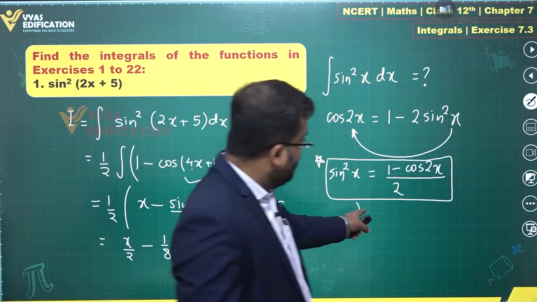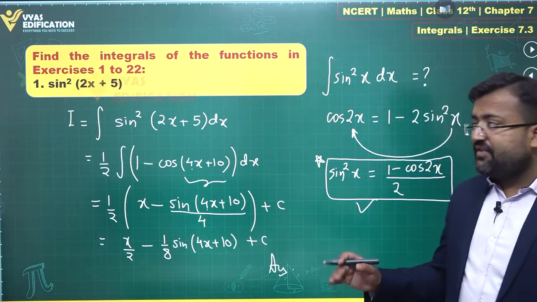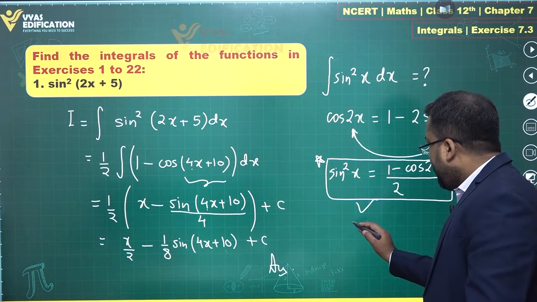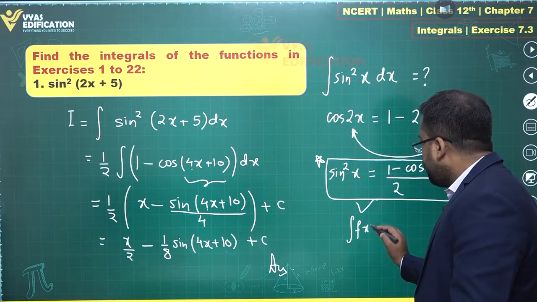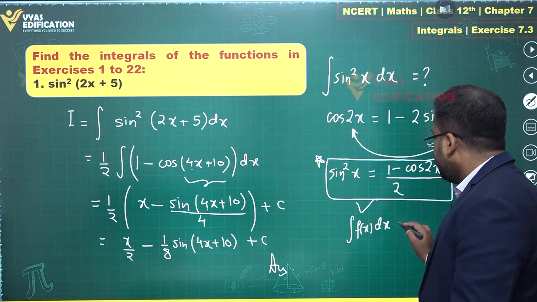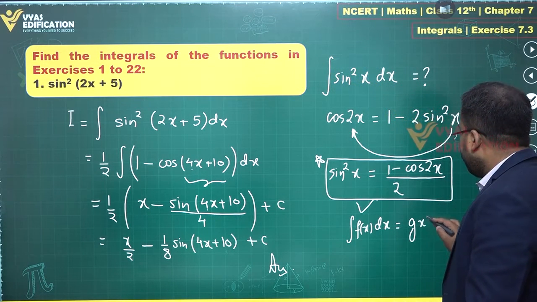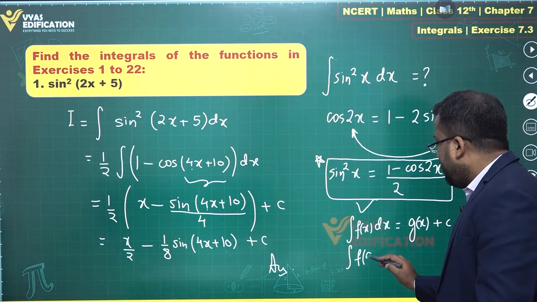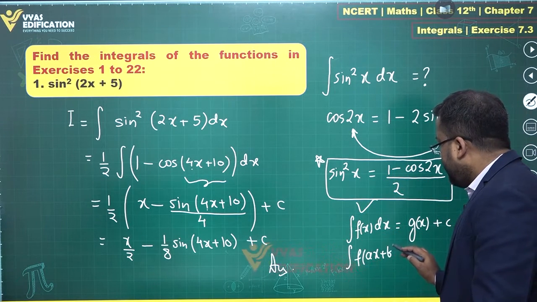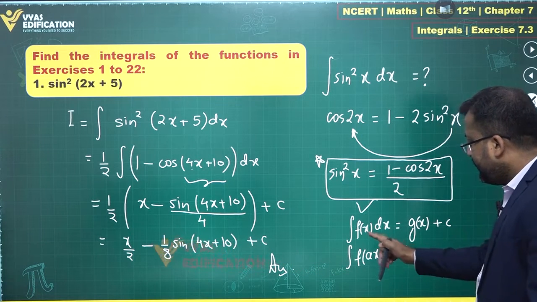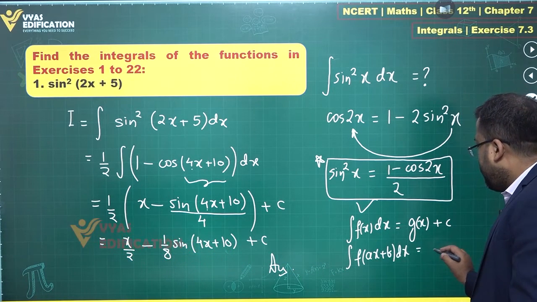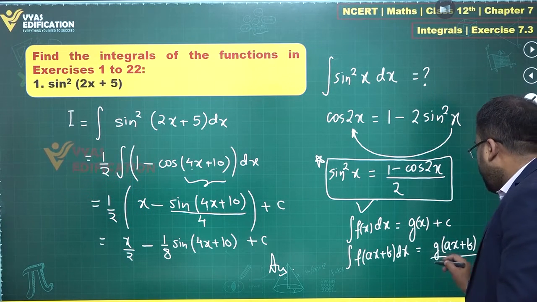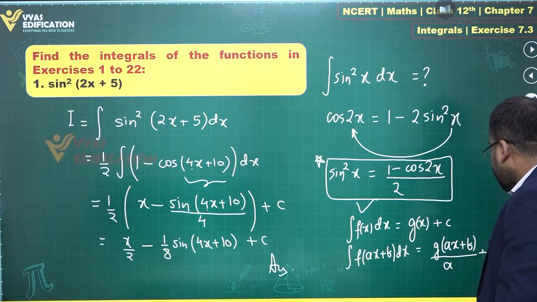As you can see, this uses another result which we have been seeing since the first exercise: if the integral of f(x) dx is equal to g(x) plus c, then the integral of f of a linear polynomial of x, f(ax plus b), will be equal to g(ax plus b) divided by a, plus constant, right?